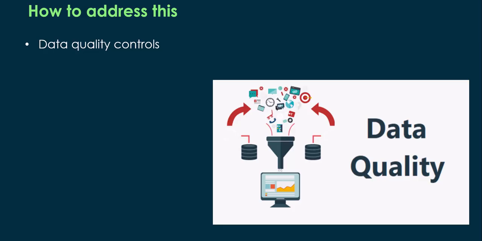Data quality controls. Most of the success of an ITAM practice hinges on process. So establishing processes for data entry, controls within your tools to ensure that validation and reconciliation is taking place to ensure the accuracy of your book of record is a very important part of the equation.